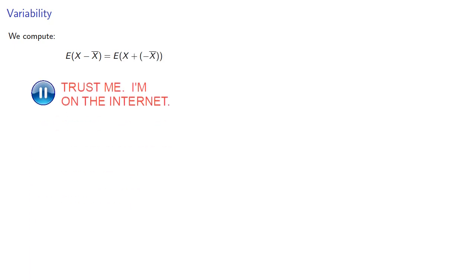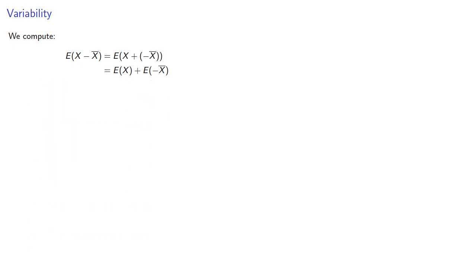Again, for reasons that will become apparent soon, we'll want to write that as x plus the negative of the mean. And expected value is linear, so we can split that. And the expected value of x is just the mean, and this becomes negative the mean to give us 0.